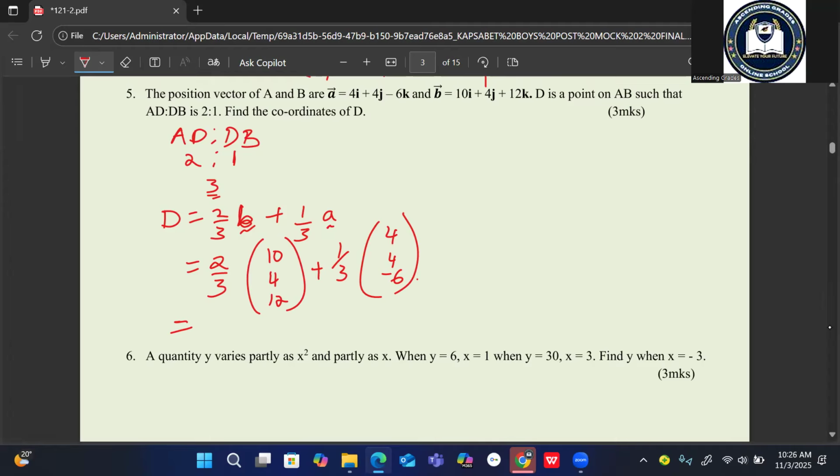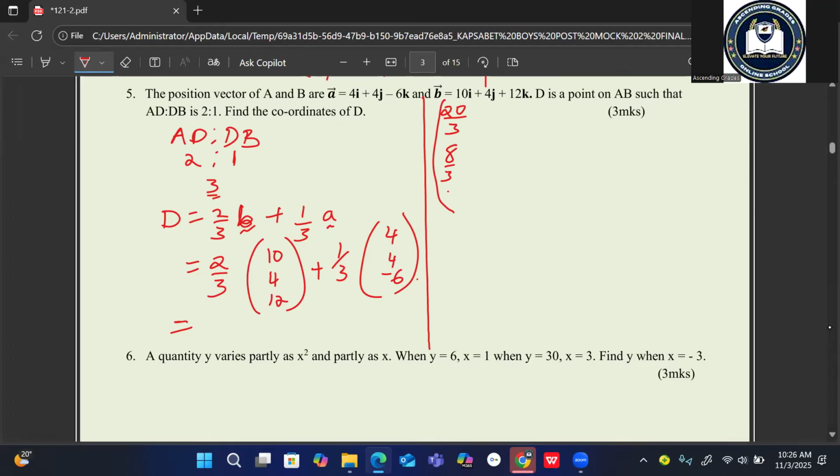So upon doing that one, let's do it on the other side. So that one becomes 20 out of 3. Then the next one is 8 out of 3. Then the last one is 2 out of 3 times 12.